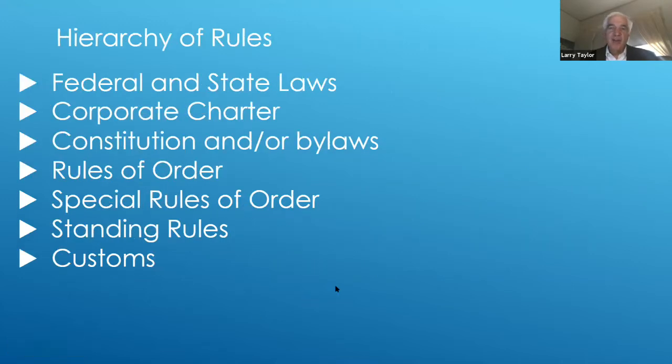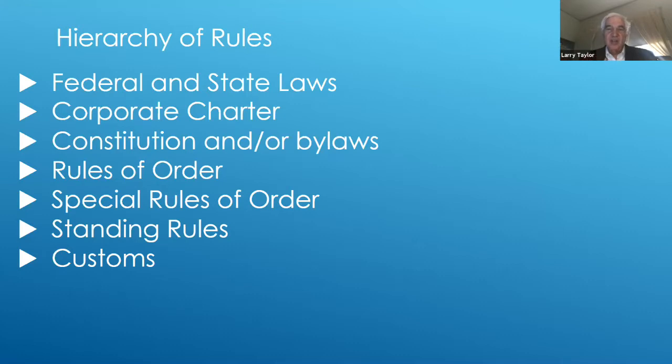There is a hierarchy of rules, and this is one of the things that's more complex to truly understand, especially if you get into the rules within an organization, because things have to be done in a hierarchy to determine if they're valid or not. So clearly at the very top, everything is governed by federal and state laws.